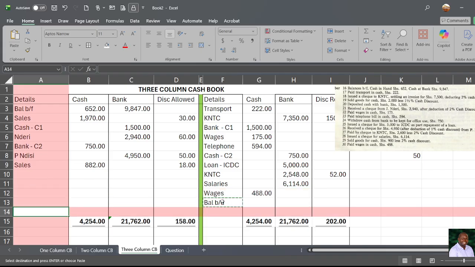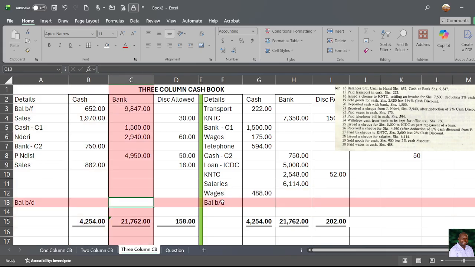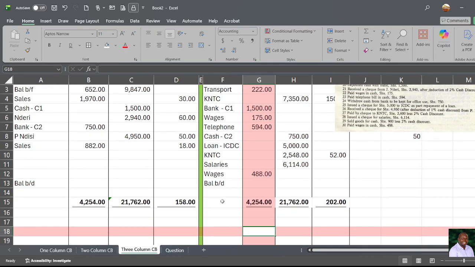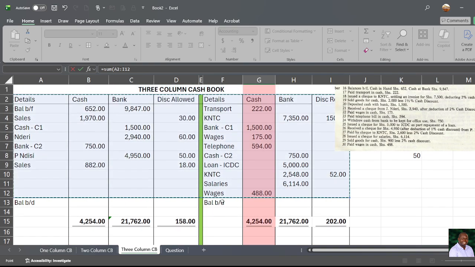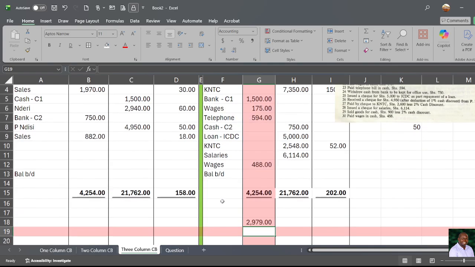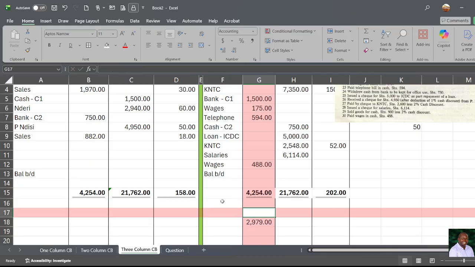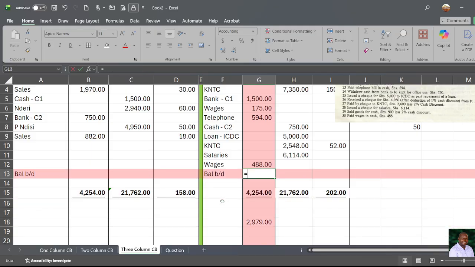For cash, let us see, let me put equals to the sum of all these things above. That sum will come to 20 something. So the balance here will be this one minus the totals here. So that is the balance that we are having.